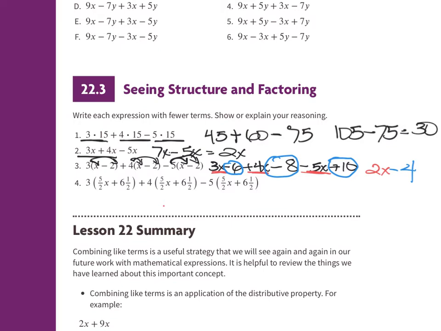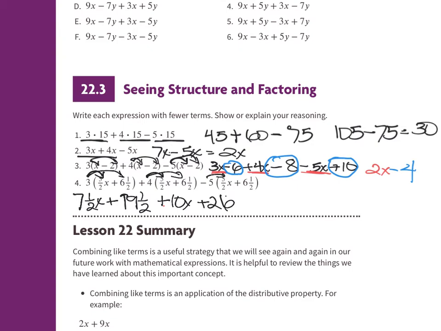All right, number 4. It looks tricky with all the fractions. Here we go. All right, so we're just going to do the distributive property again. 3 times 5 halves is 7.5, so we have 7.5x. 3 times 6.5 is 19.5. 4 times 5 halves is 10, so plus 10x. 4 times 6.5 is 26, so plus 26.